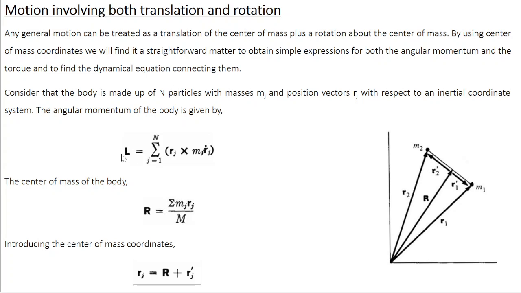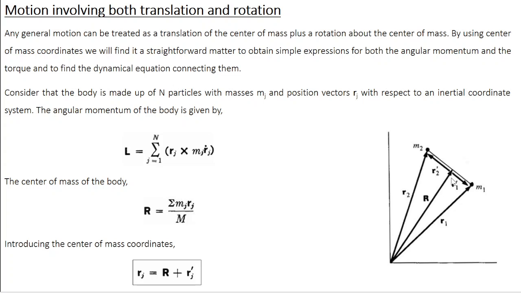So total angular momentum capital L is the sum over j of rj cross mj rj dot. And we know the definition of center of mass: the position vector of the center of mass capital R is given as summation over j mj rj divided by capital M. Now we are going to introduce the center of mass coordinates.